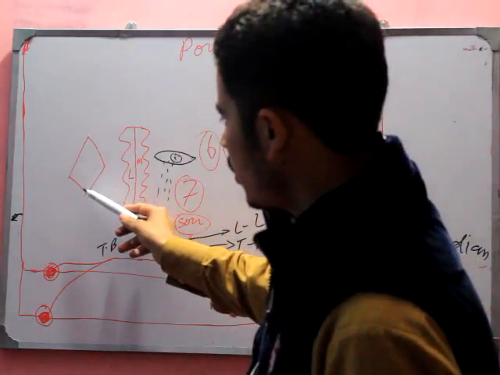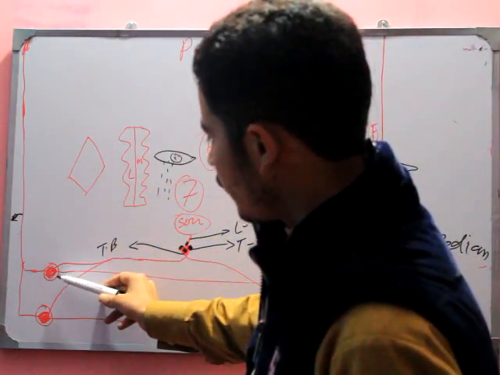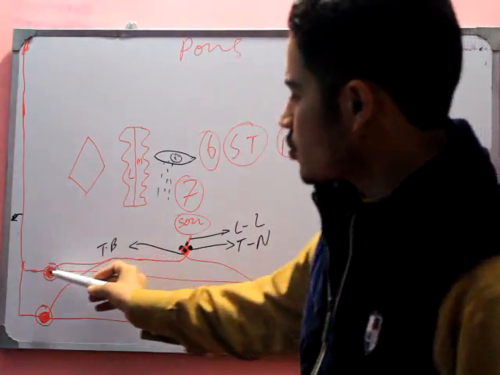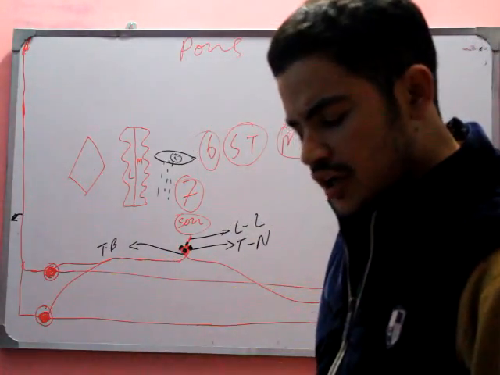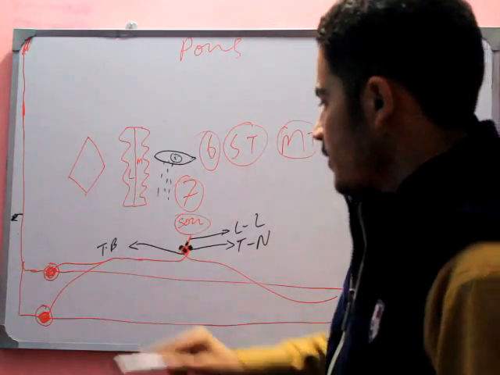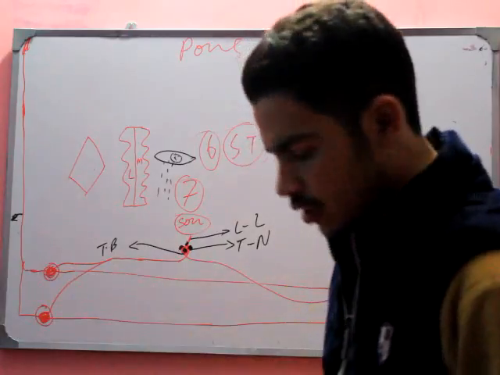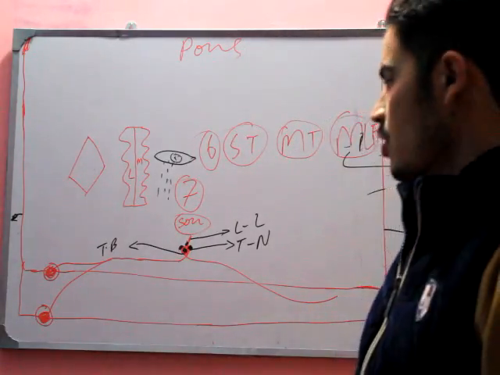Okay, so we should focus on these two nuclei now. These two nuclei are your cochlear nuclei. This is your dorsal cochlear nuclei. This is your ventral cochlear nuclei.